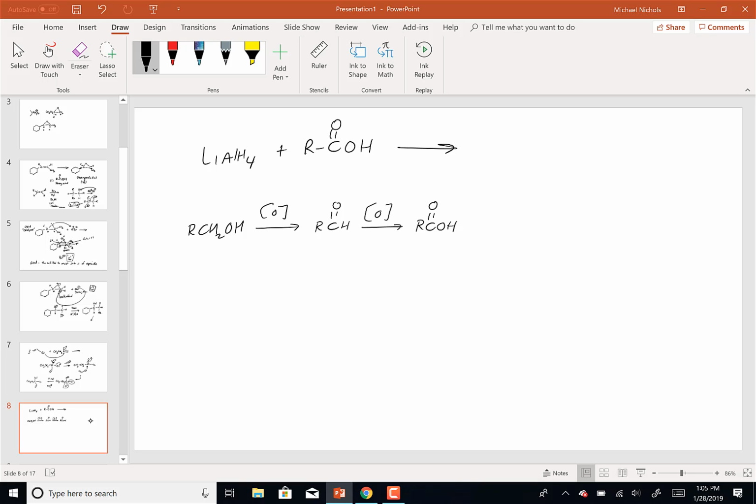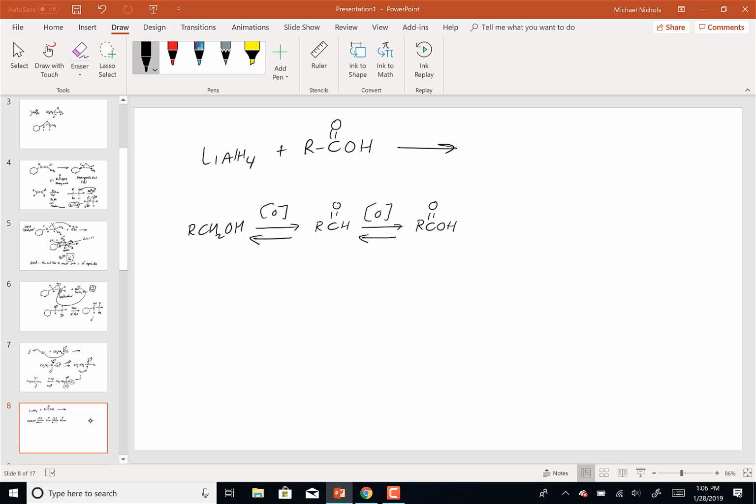In terms of reductions then, an O in brackets means oxidation, which is the topic for Wednesday, oxidation of alcohols. But if I now reverse this, I could go from carboxylic acid to aldehyde, and the lowest in this scheme is the primary alcohol.